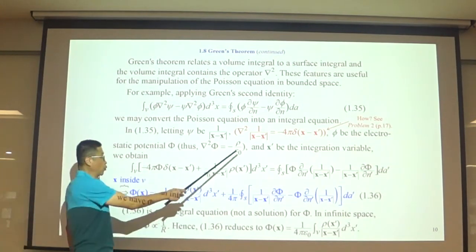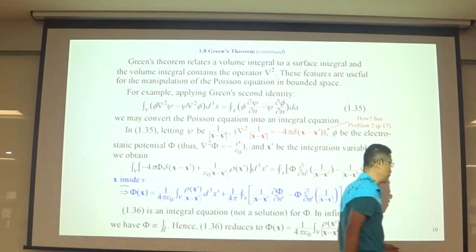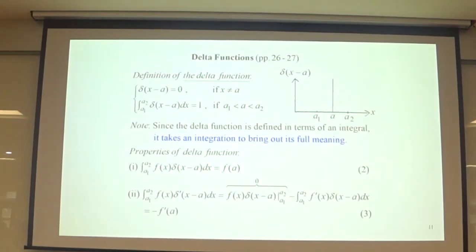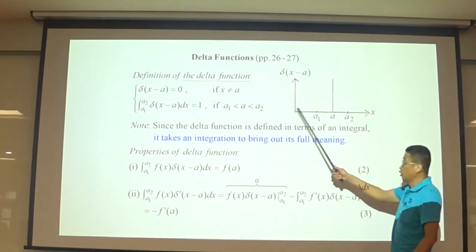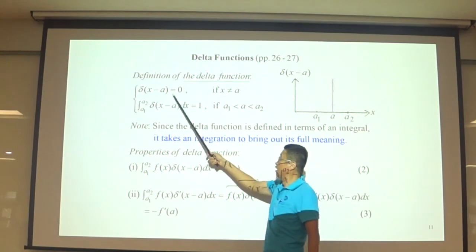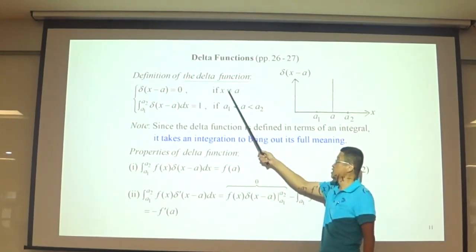Up to this point, we have to face the Dirac Delta function. So let me show you. The Dirac Delta function, you can define delta(x minus a) equals 0 if x is not equal to a.